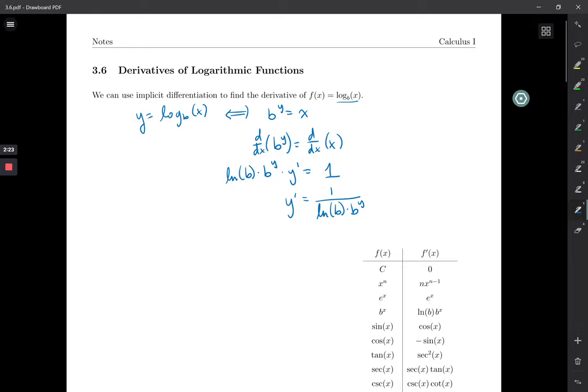So what we can do is just use this fact up here that b to the y is equal to x. So really we just need to replace this b to the y with x, and then we'll have our answer. So this is going to be 1 over natural log of b times b to the x. Okay, so that is the derivative of log base b of x.